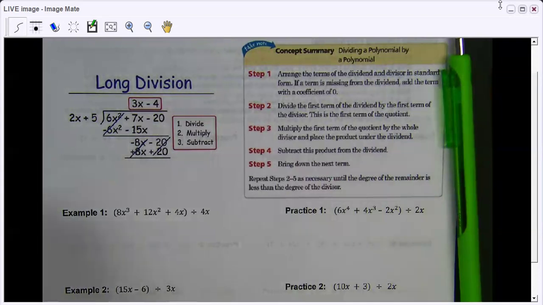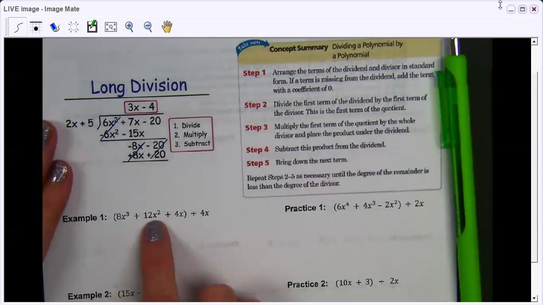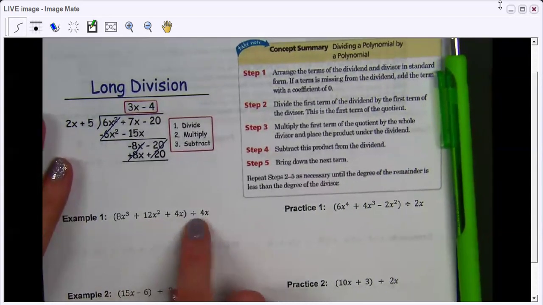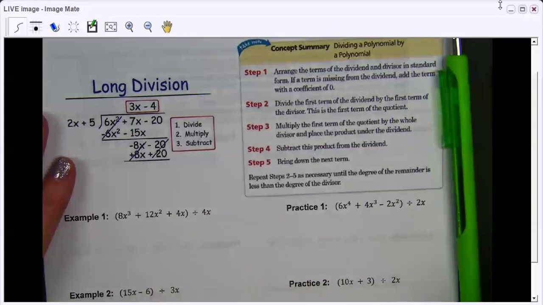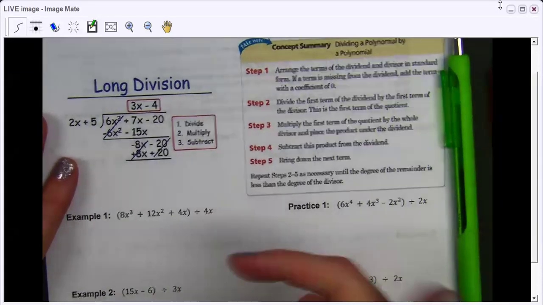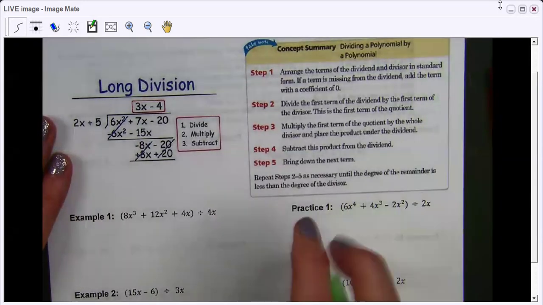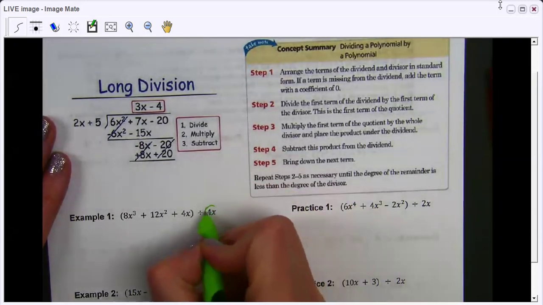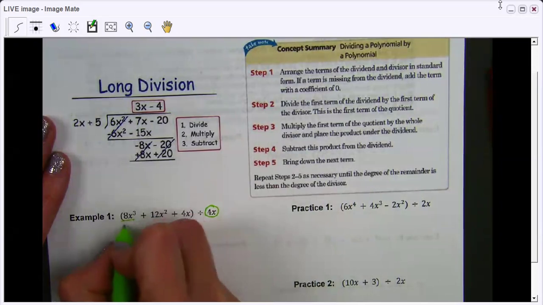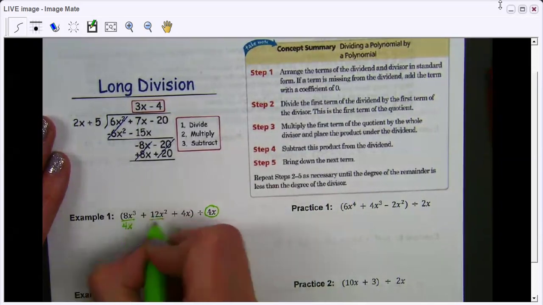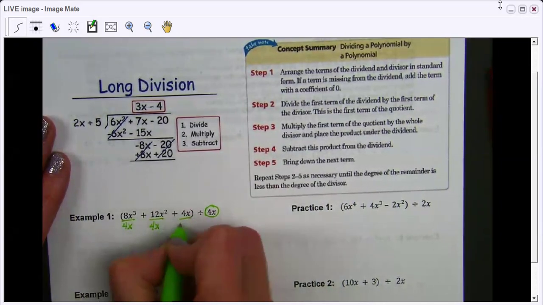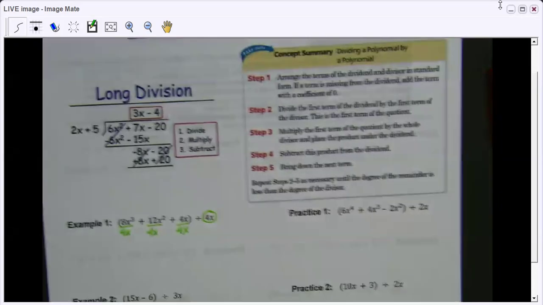So this is 8x cubed plus 12x squared plus 4x divided by 4x. All we're going to do is take this 4x and divide every term by 4x.